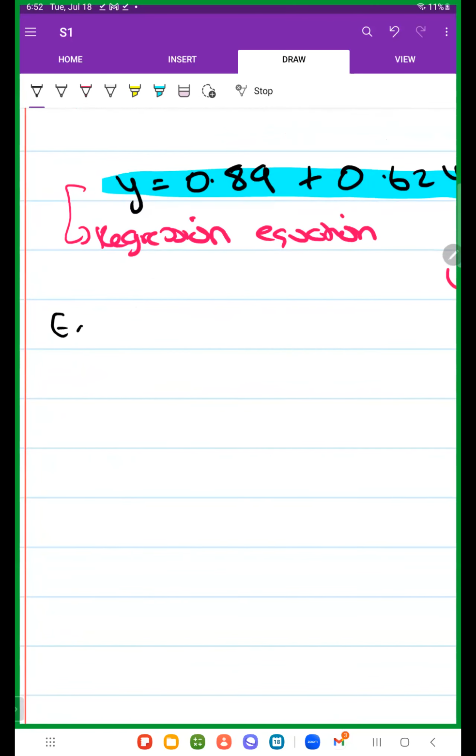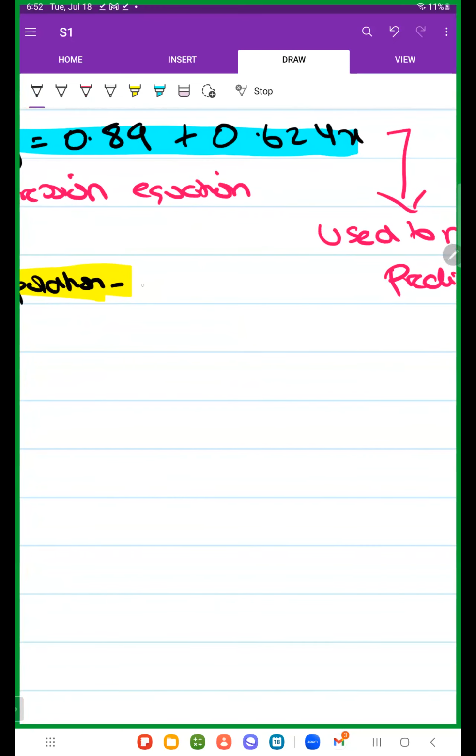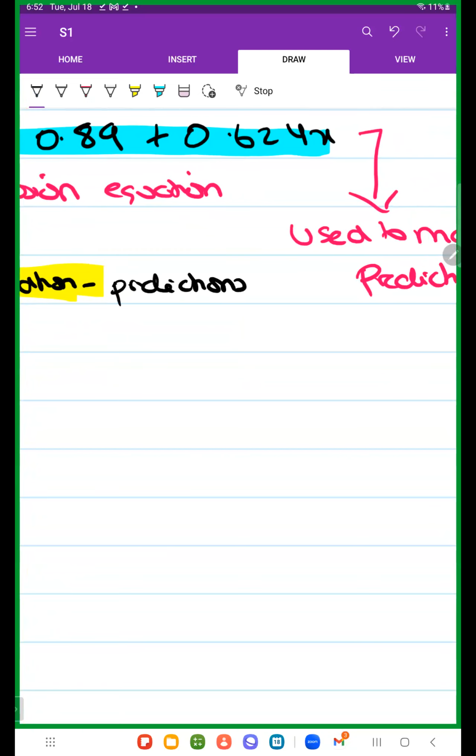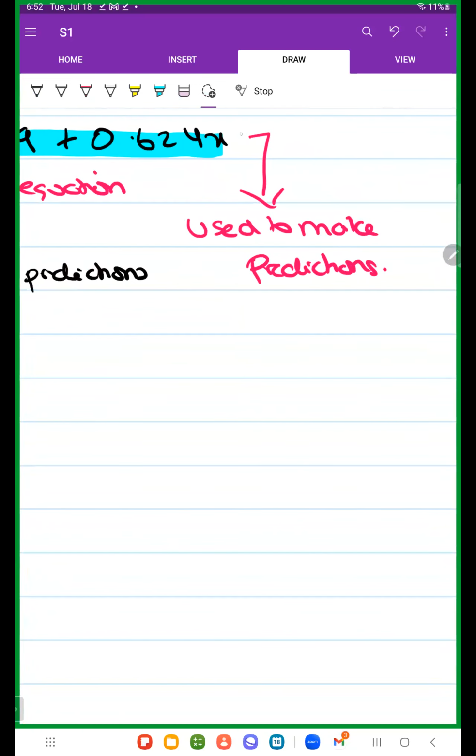Now let's look at extrapolation. Extrapolation is when you predict outside the range.